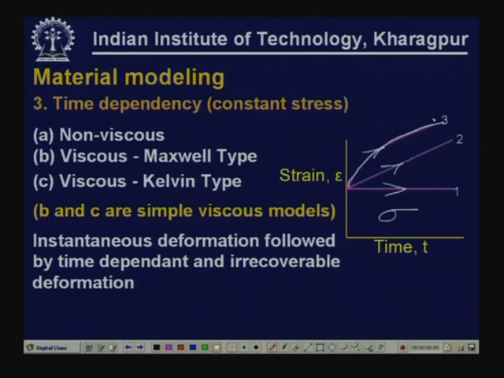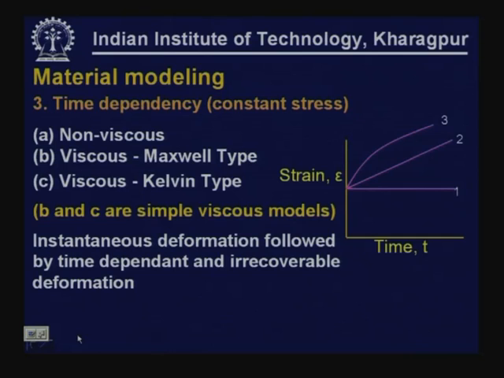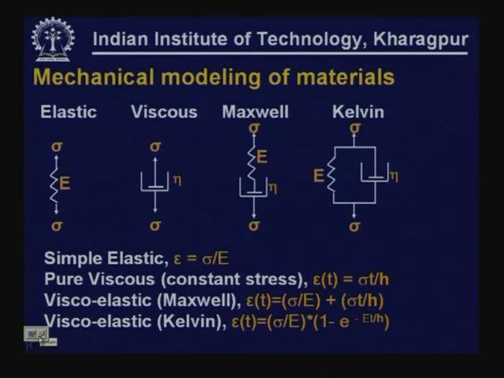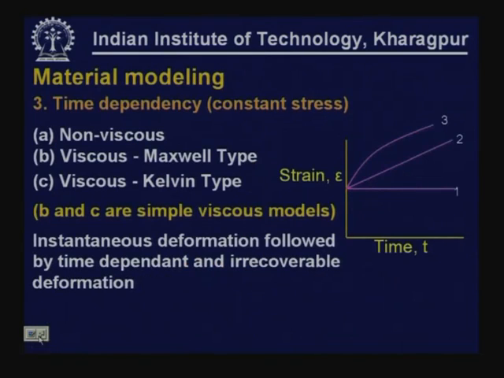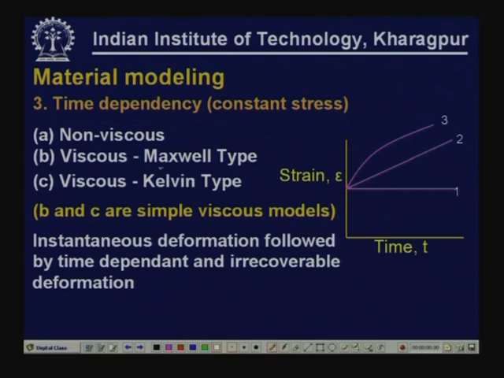So, various types of mechanical models are commonly used to describe the viscous behavior of materials. The two commonly used models, these are the simplest models that are used to describe viscous behavior: Maxwell model and the Kelvin model. B and C, the second and third models, are simple viscous models.